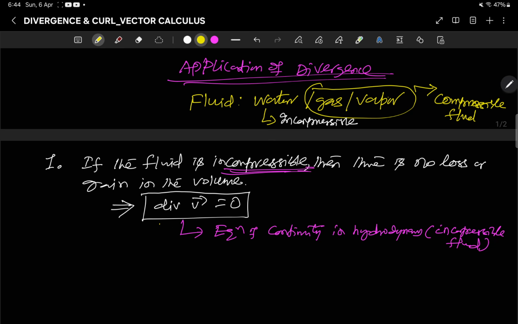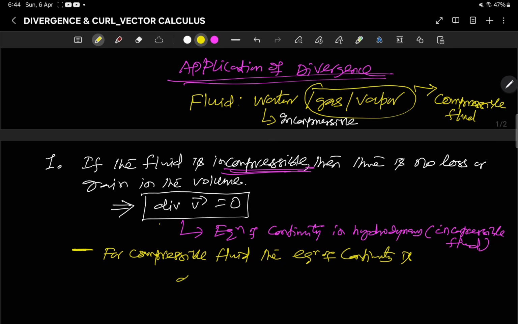Now for compressible fluid, you note that the equation of continuity is div(ρV) + ∂ρ/∂t = 0. Rho is the density of the fluid.